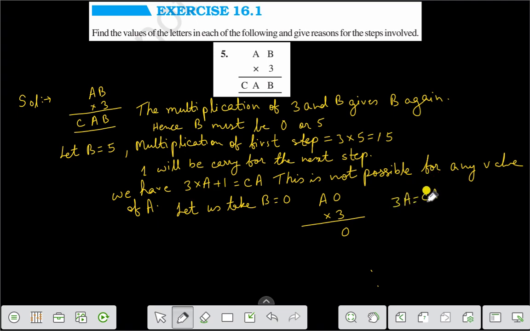If we cancel A, we are getting C is equal to 3.